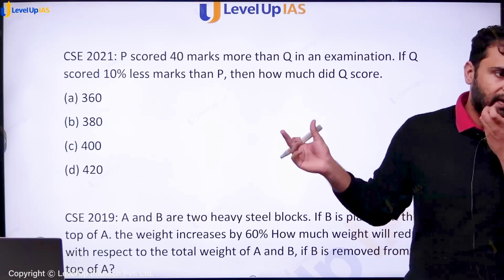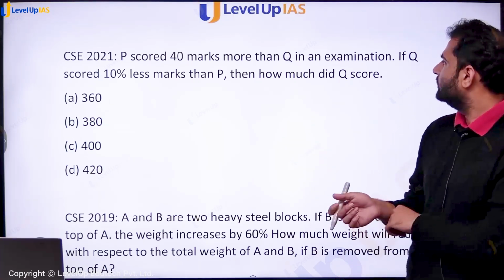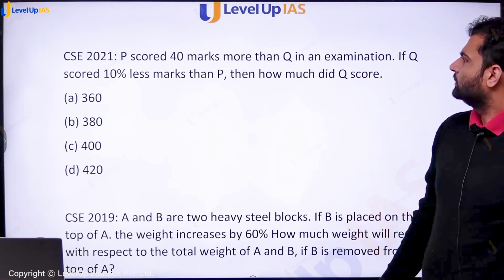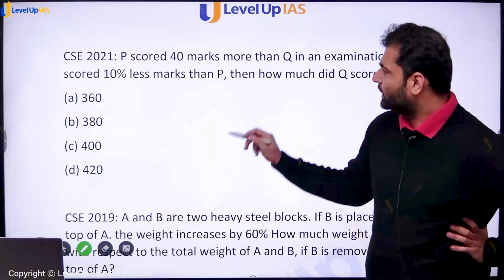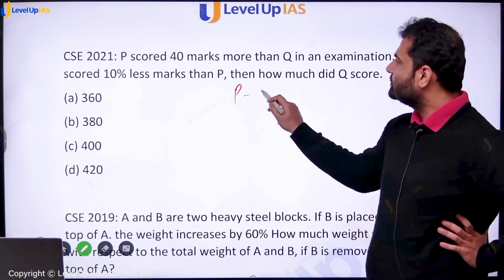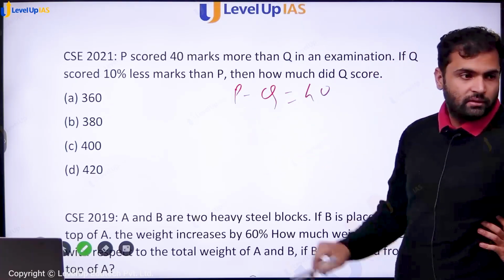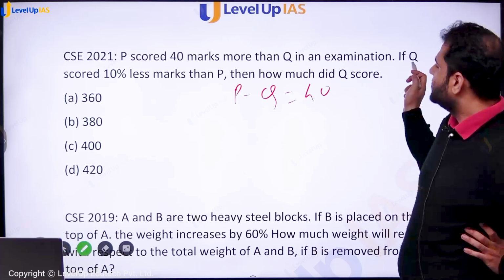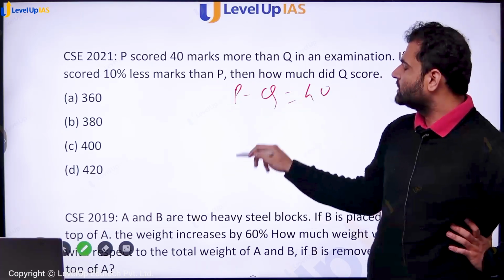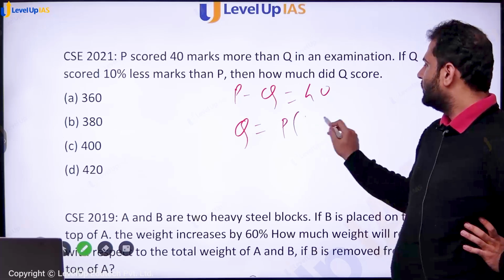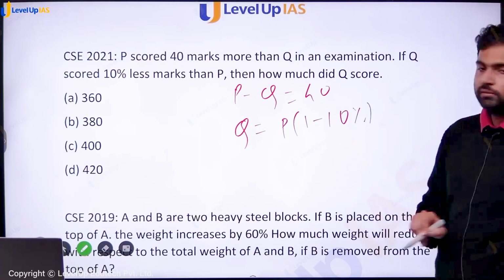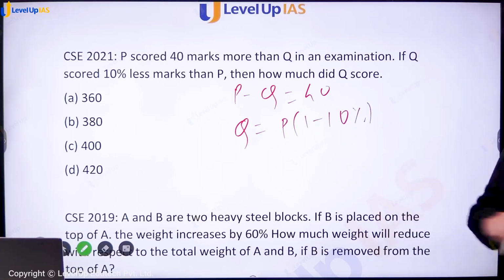Minus 40, that is the score of Q. Or if you still want, you can write down the equations. First is P minus Q is equal to 40, and second is Q scored 10% less marks than P. So Q is equal to P into 1 minus 10%. Two equations, two unknowns, you can solve.